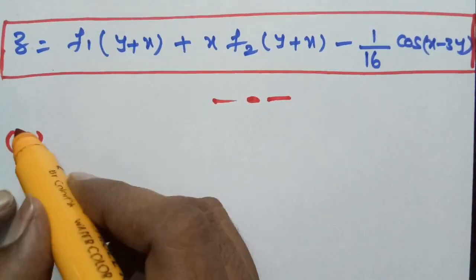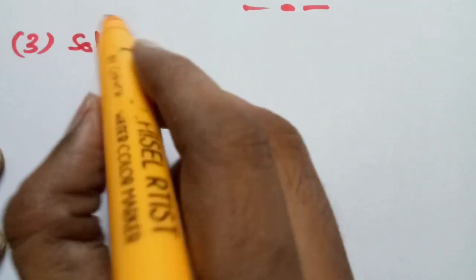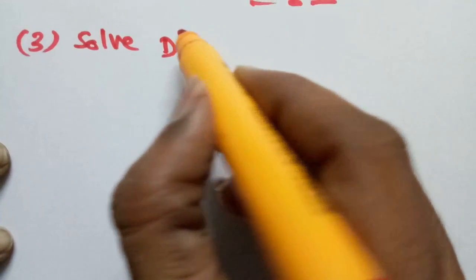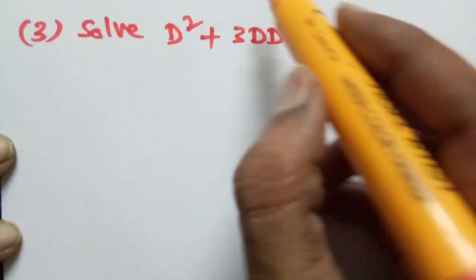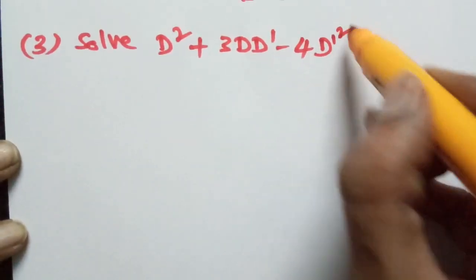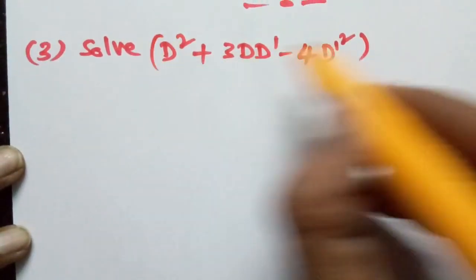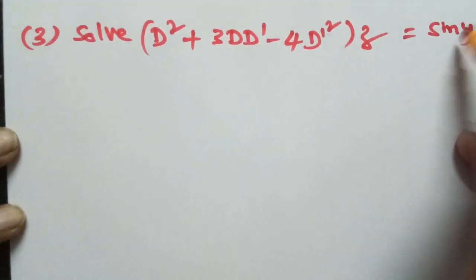Problem number 3. Solve (D square plus 3 D dash minus 4 D dash square) z is equal to sin y.